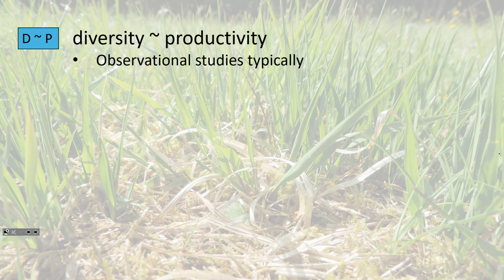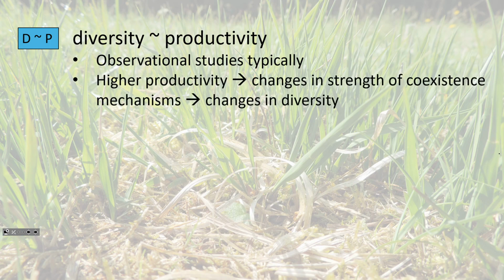This is usually done in observational studies where scientists look at the effect of productivity on diversity, and typically if you are on some productivity gradient, for example, increasing productivity, you are somehow changing the coexistence mechanism and it's leading to some changes in biodiversity.